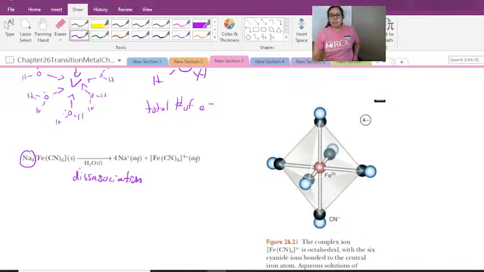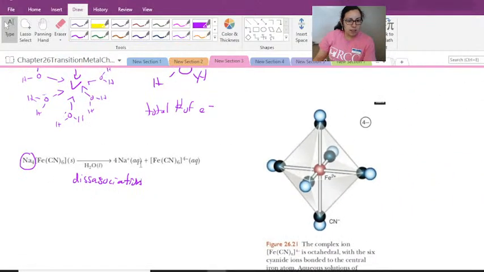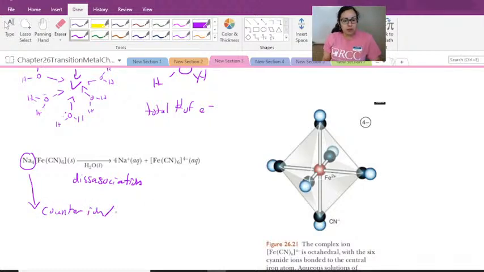It's telling us that the sodium is just there to balance out the -4 charge on the species that we really care about, this iron hexacyanide compound. But this also shows us the location. This is called a counter ion, but it would also be known as outer sphere.